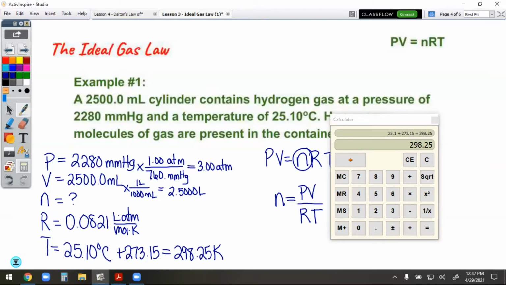Okay, we now have all of our units in the correct form that will allow us to use it in our ideal gas law equation. So now let's take a look at our equation.